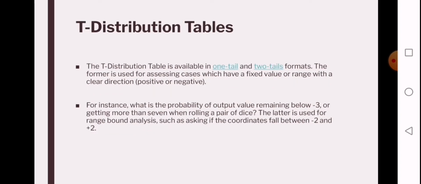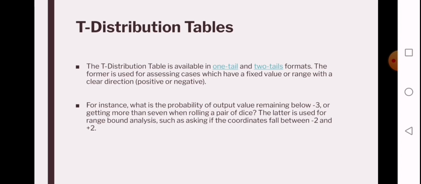Okay. The t-distribution table is available in one tail and two tails formats. The former is used for assessing cases which have a fixed value or range with a clear direction, positive or negative.